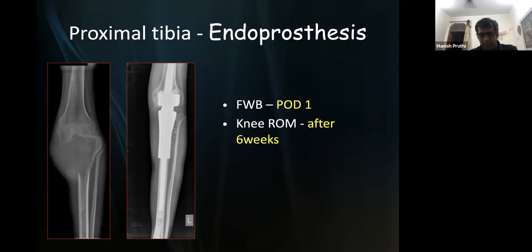So in this case, patients can walk full weight bearing from day 1, but the knee range of movement is started only after 6 weeks, after the soft tissue healing happens, once the patellar tendon gets attached to the gastrocnemius tendon and to the implant. So we need to wait for 6 weeks for the knee range of movement, but walking is started immediately, and the patient stays in a knee brace for 6 weeks.